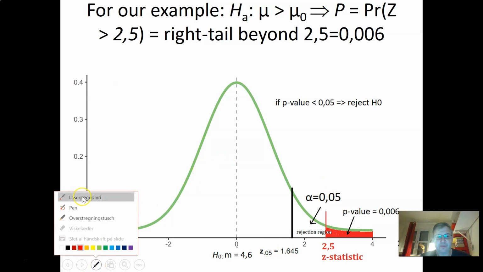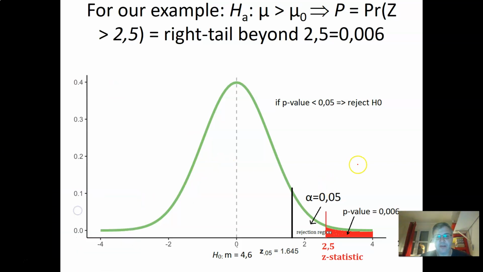This part here is the p-value. So the p-value is very, very small, much less than the 5% significance level. Thus, we reject the null hypothesis.